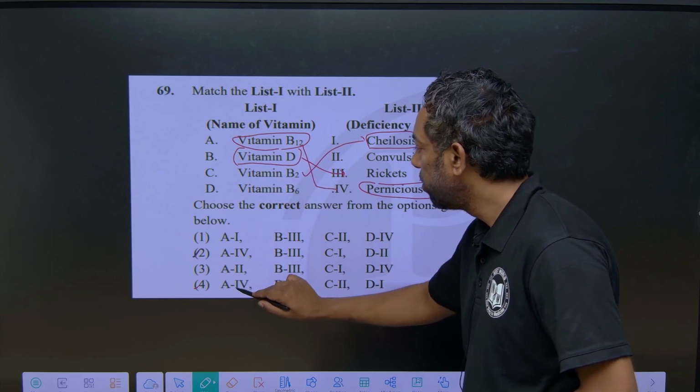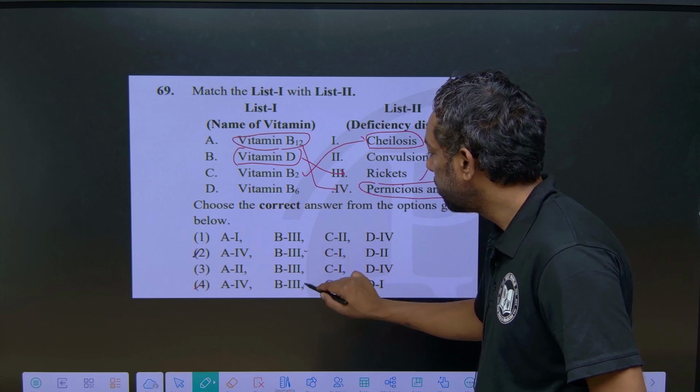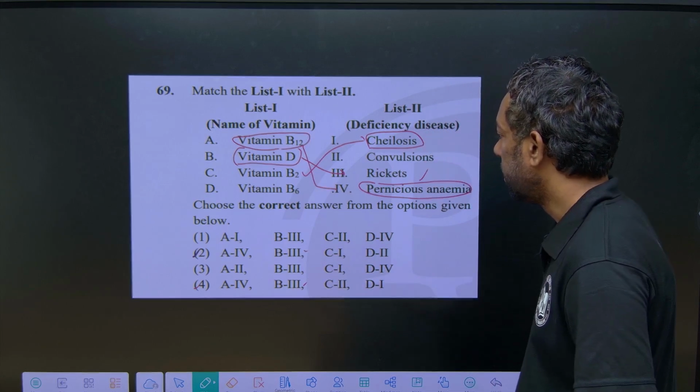A is 4, B is 3, so two options are the same.